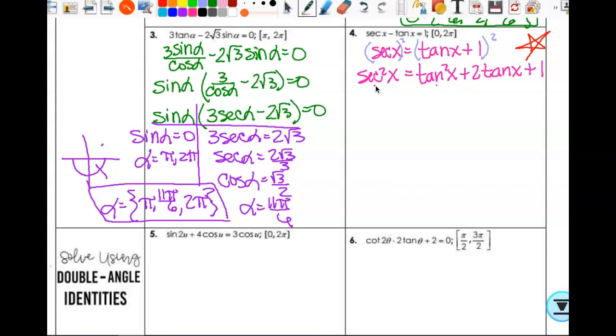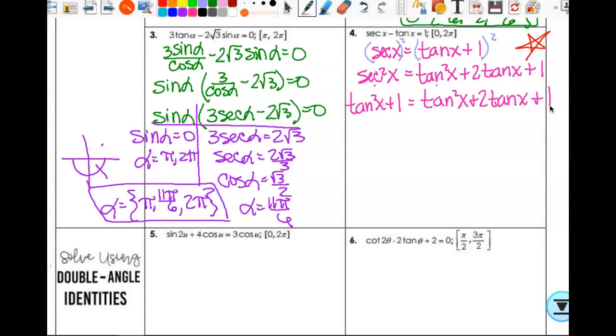All right, so when you look at your chart, what can I replace the secant squared with? Plus 1. Okay, so tangent squared x plus 1 equals tangent squared x plus 2 tangent x plus 1. Okay.